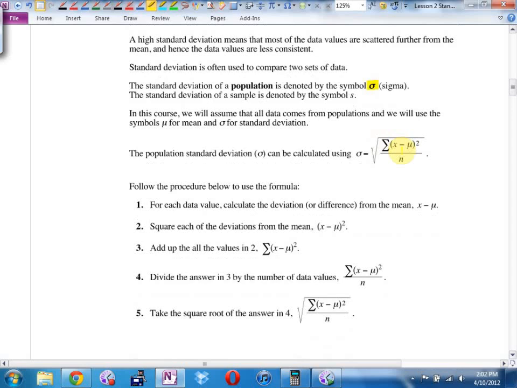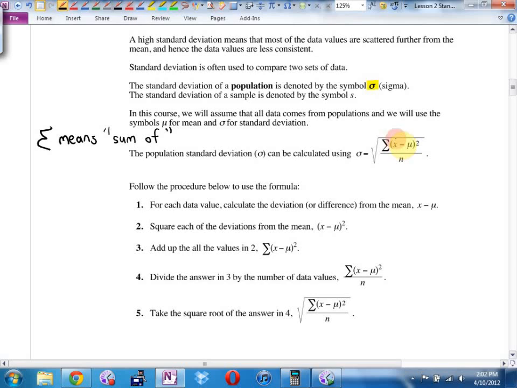Here's the equation. First of all, this means the sum of. So here's what this means.